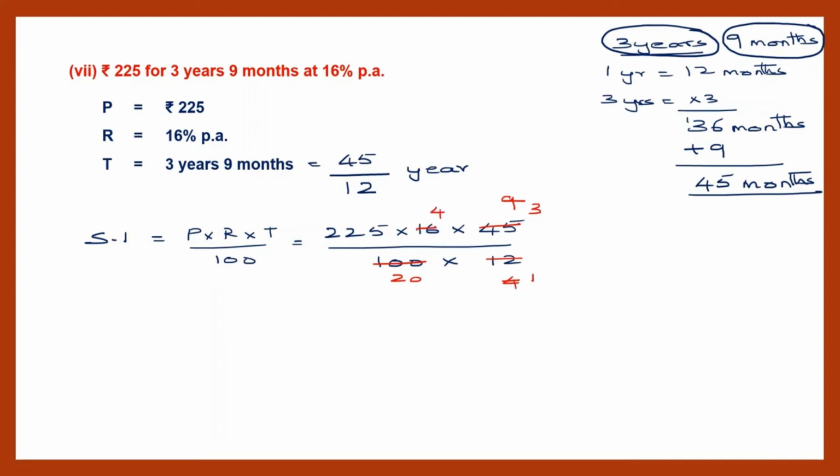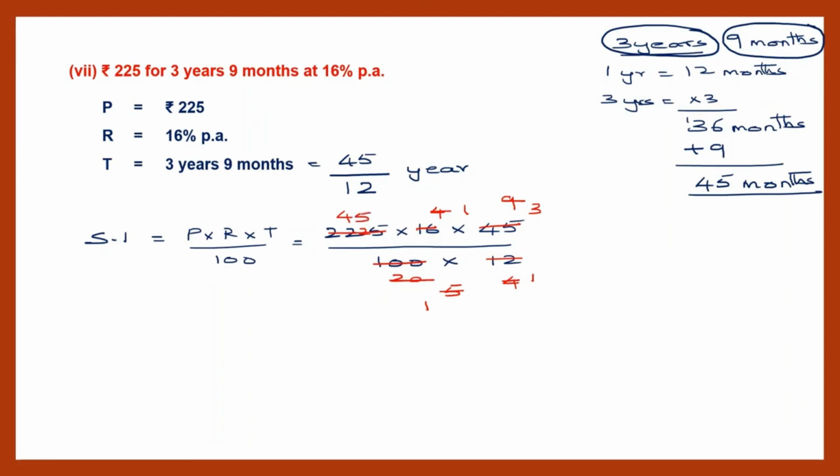Now I can cancel 4 and 20. 4 1s are 4, 4 5s are 20. I can still cancel 5 and 225. 5 1s are 5, 5 4s are 20. 21, 22, that's 2 there. So let's write 2, that's 25. 5 5s are 25. Now we finished all the cancelling.